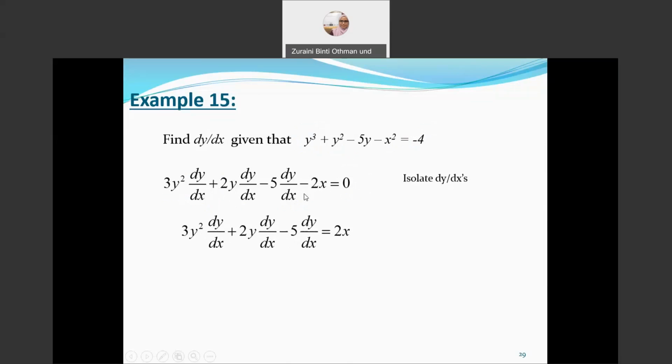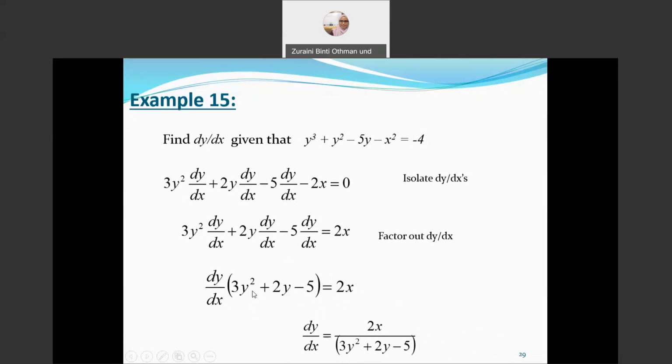Okay, after that you have to factorize the dy over dx. So then penyebut yang ada x tu kita letak sebelah kanan, and this equation we have to factor out dy over dx, then we get this equation, then dy over dx is equal to 2x divided by 3y square plus 2y minus 5.